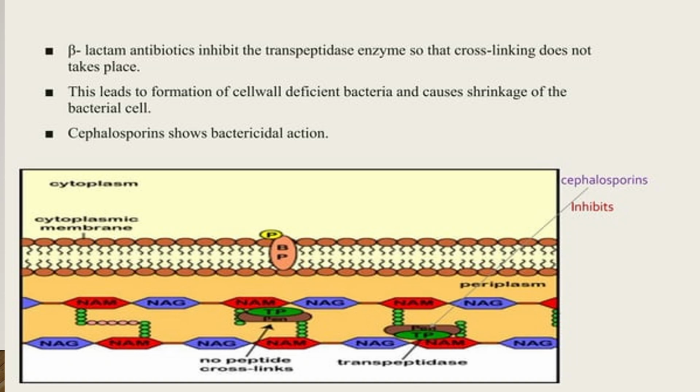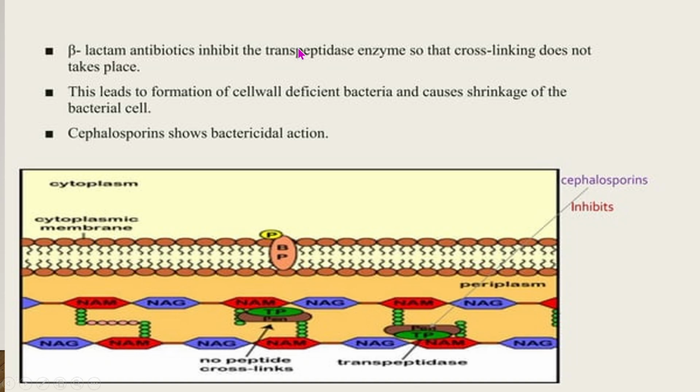Transpeptidation provides the rigid cell wall to the bacterial cell, and these antibiotics inhibit the transpeptidase enzyme, which is involved in the cross linkage of the peptidoglycan amino acid layer.